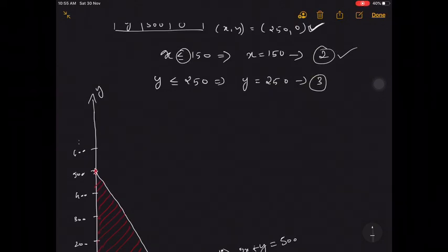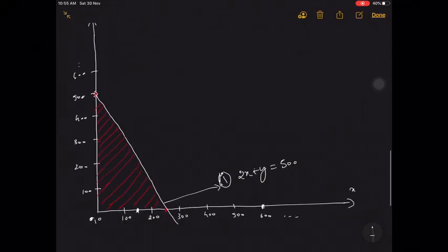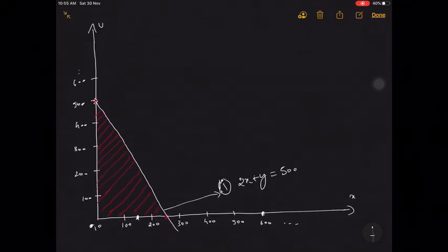So y doesn't exist in the equation, so x remains constant and y can take any value. So you get a line that is perpendicular to the x axis and parallel to the y axis.